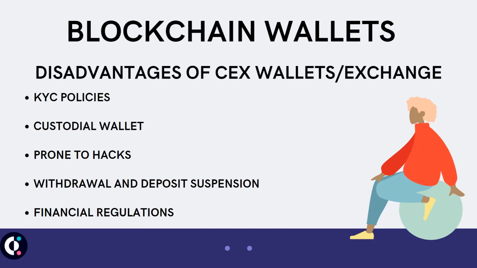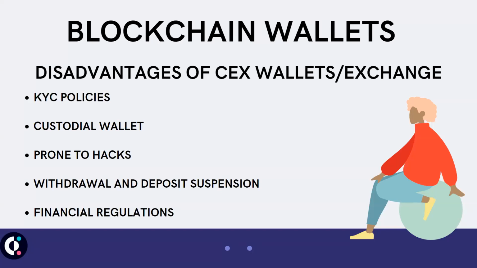Then financial regulations. This one is likened to the place you are staying, like in Nigeria currently. Not just Nigeria, we also have some other countries that are trying to place a ban on cryptocurrency. This might bring some regulations.